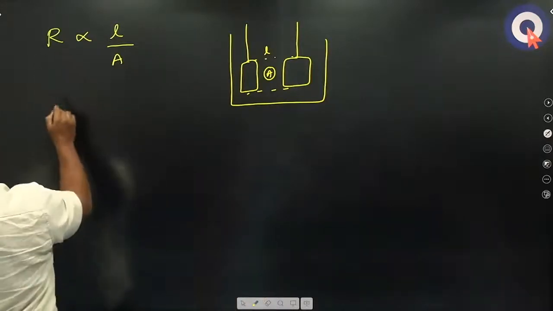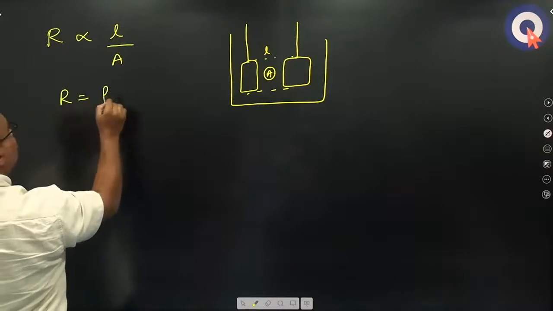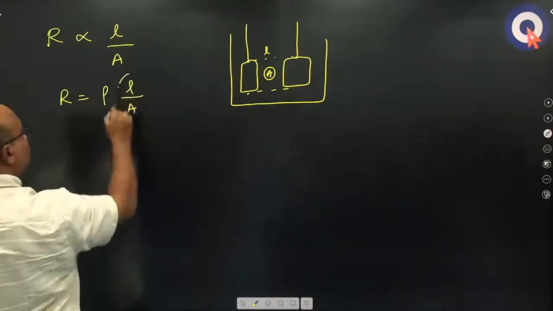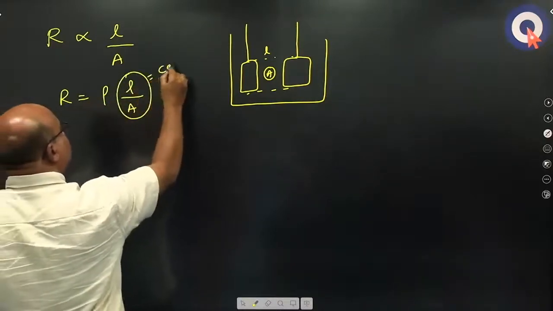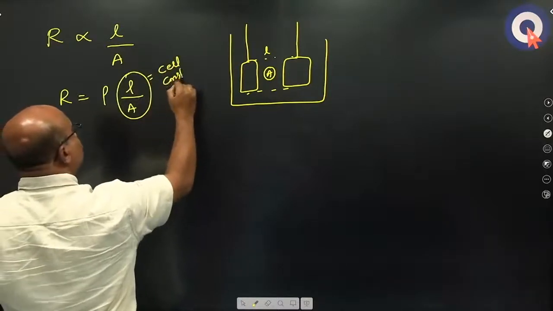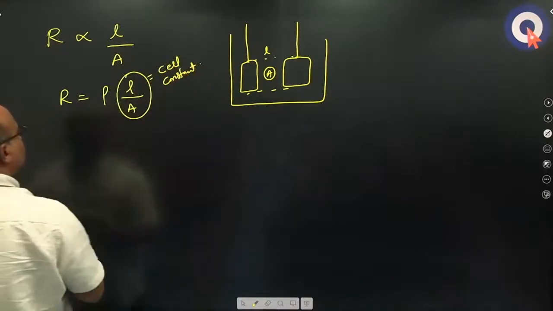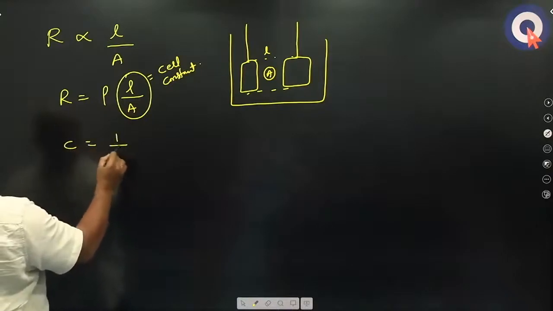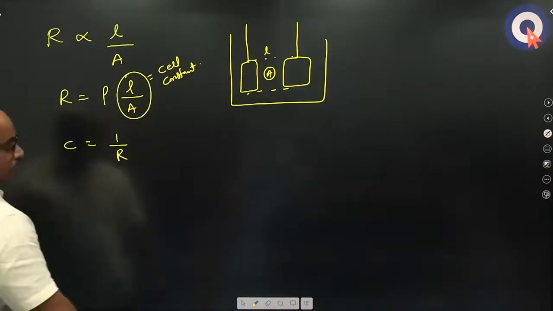So R you write as rho into L by A, where this L by A is nothing but what we call the cell constant. But what is conductance? It's nothing but 1 by resistance.